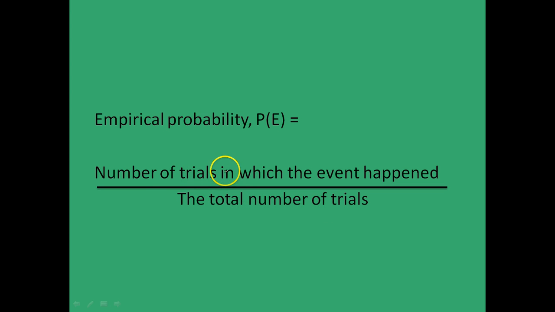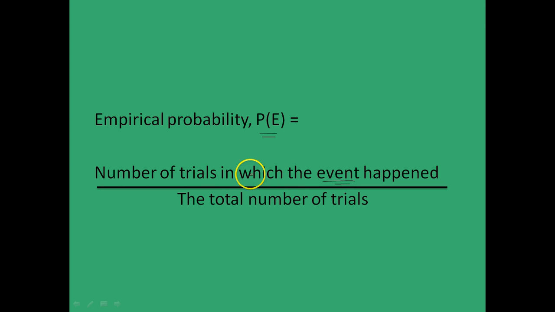There can never be a case in which the number of trials in which the event happened is greater than the total number of trials itself, because that would obviously be absurd. So this number P is either equal to 1 or less than 1 in all cases. It is equal to 1 when all the trials led to the event that we are discussing.